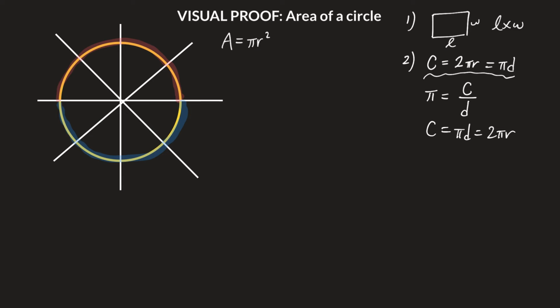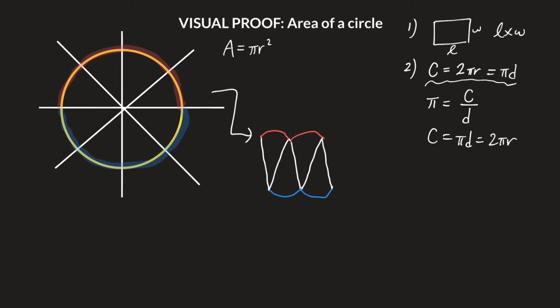So what I'm going to do with these 8 pizza slices is now I'm going to simply rearrange the pizza slices. And the way I'm going to rearrange the pizza slices is like this. So I'm going to put the red slices with red edges on top, like so, and slices with blue edges on the bottom, like this.